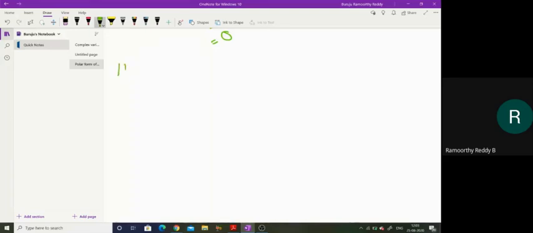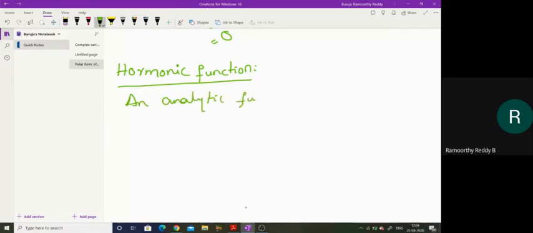Now coming to our next topic, harmonic function. See, an analytic function f of z is said to be harmonic if it satisfies Laplace equation.